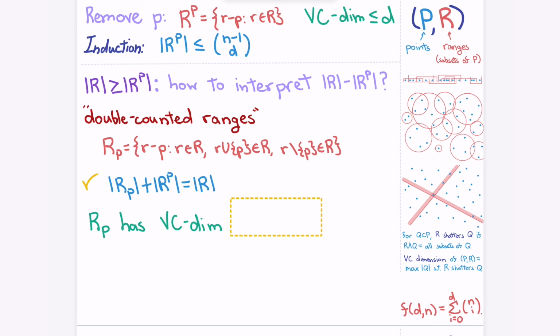What can we say about their VC dimension? Yeah, I think our definition originally was correct.